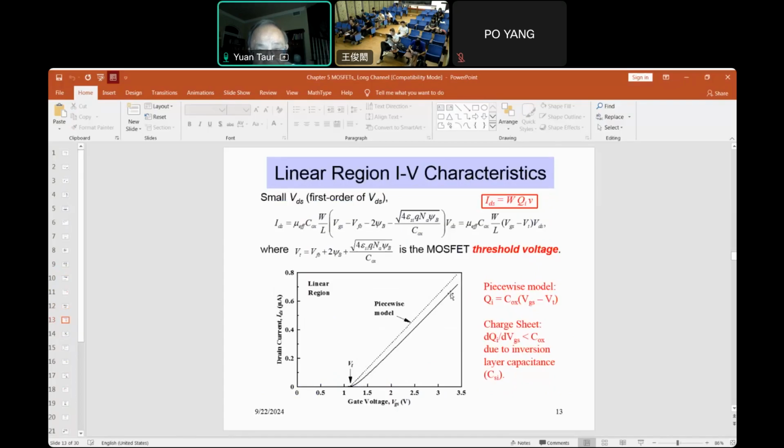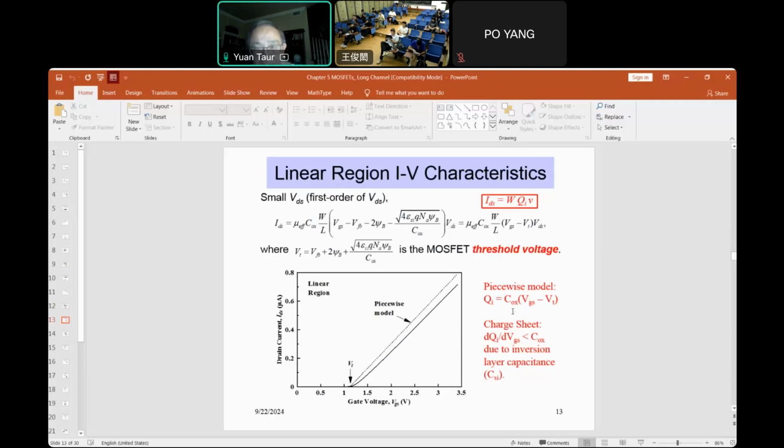So the actual current is lower than the piecewise model. And the reason we can say that is due to inversion layer capacitance. Because according to this one, Q_I is Cox times VGS minus VT. So this is Cox.